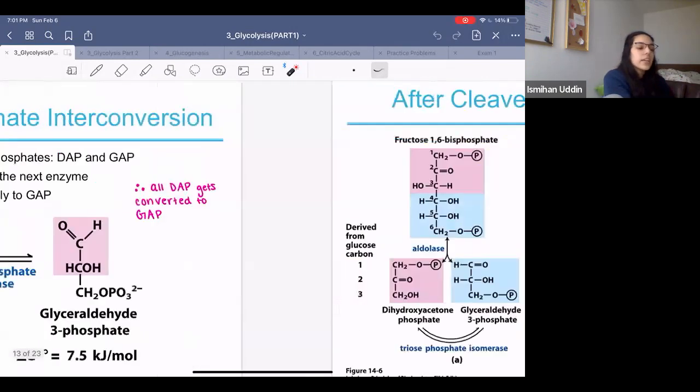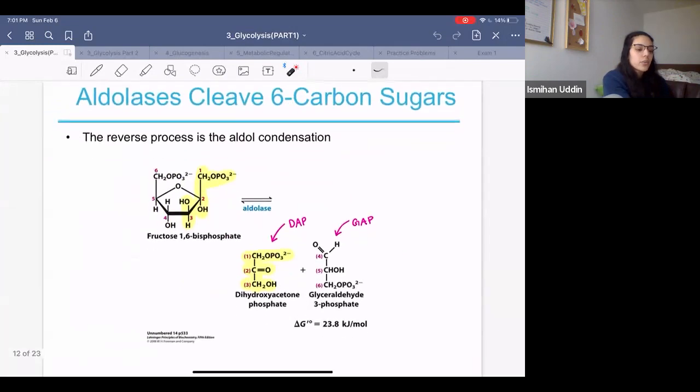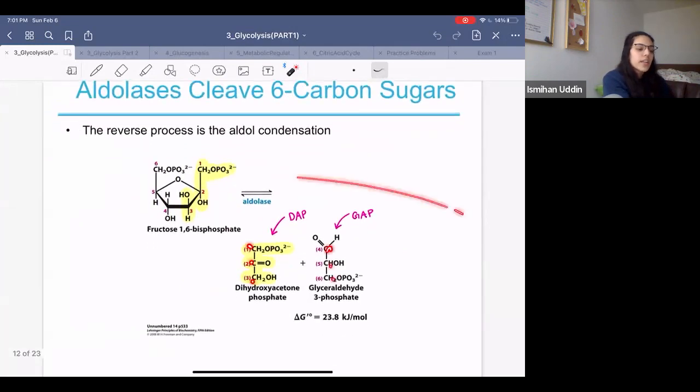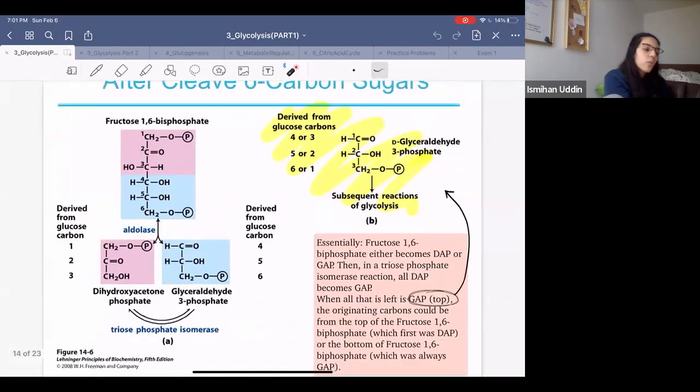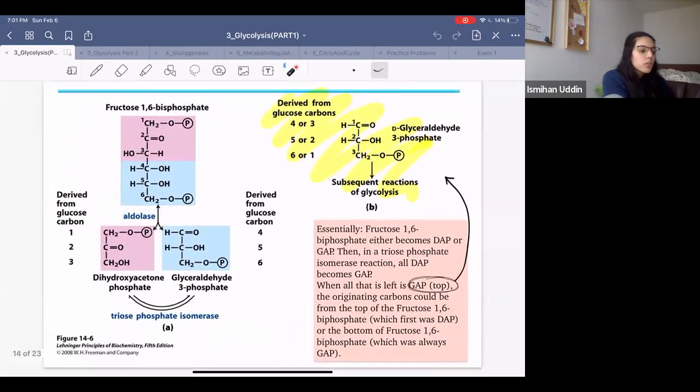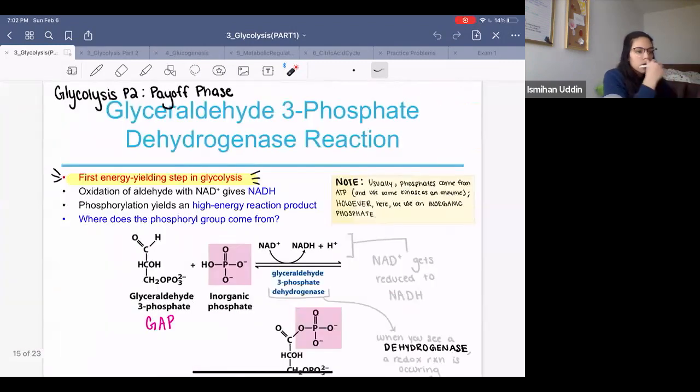Now that everybody was converted into GAP, how do we know which corresponded to which? Well, 1 and 6 are the same because they have a phosphate group. 2 and 5 are now the same, and then 4 and 3. I hate that this diagram is backwards. Why not just flip it around? Whatever. But yeah, that's that. A little bit confusing.